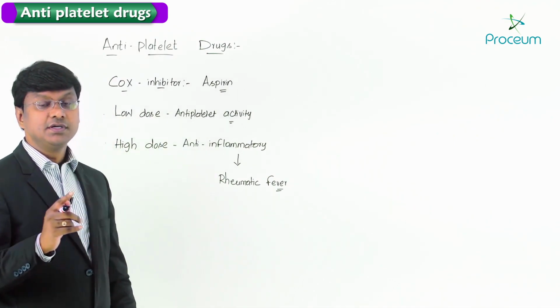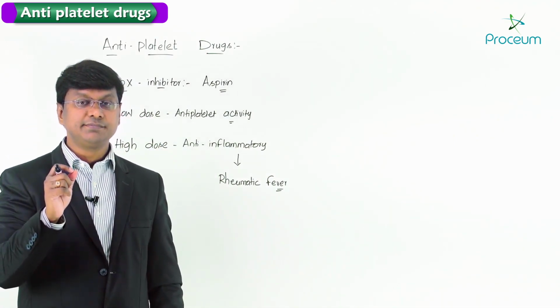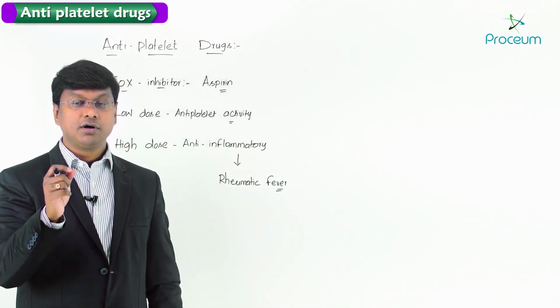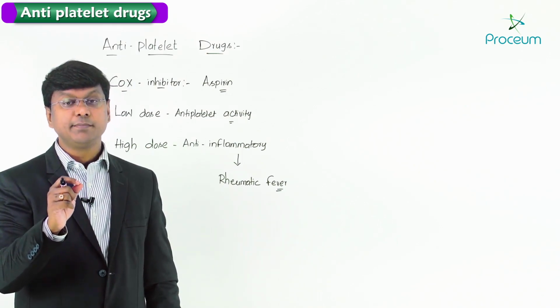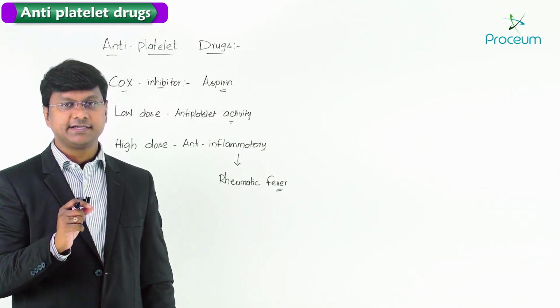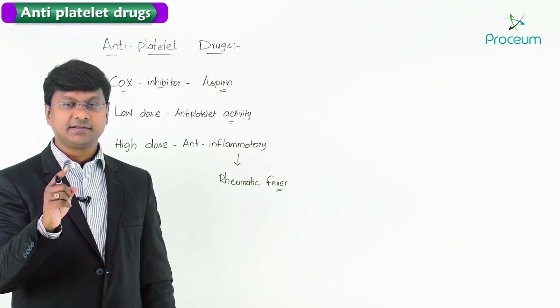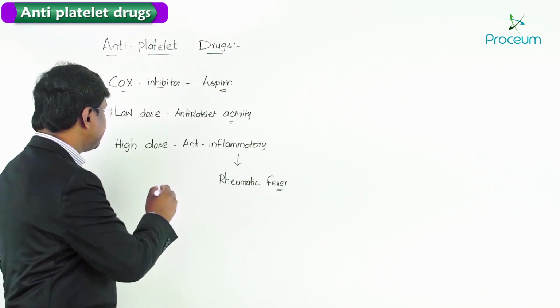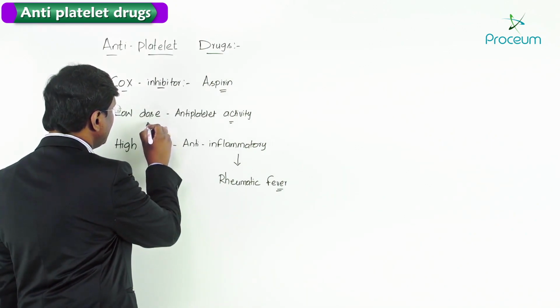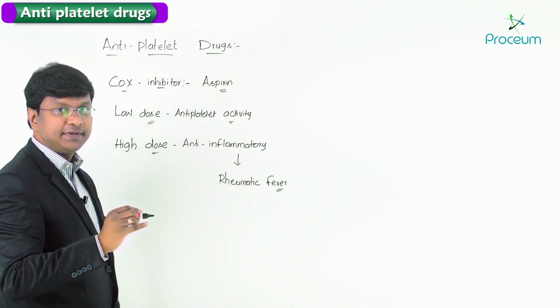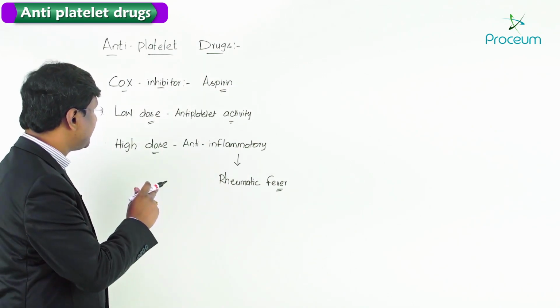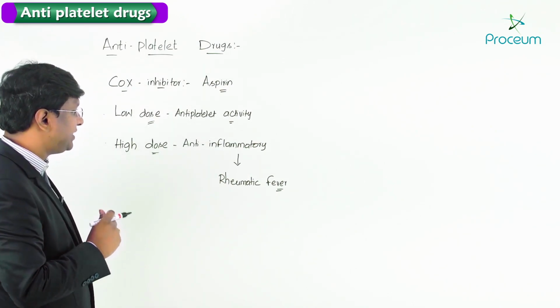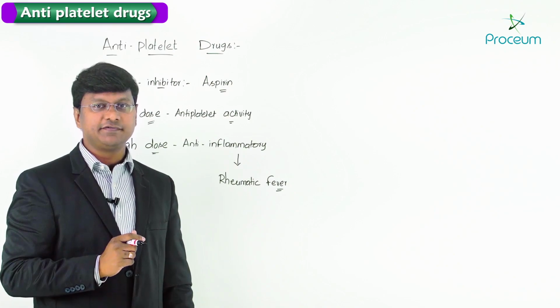So please remember, in case of rheumatic fever, the most common feature will be polyarthralgia and polyarthritis. So for the treatment of polyarthralgia and polyarthritis, we give high dose salicylates, that is your aspirin. Whereas low dose aspirin has the antiplatelet activity, high dose aspirin has anti-inflammatory activity, which is used in the treatment of rheumatic fever.